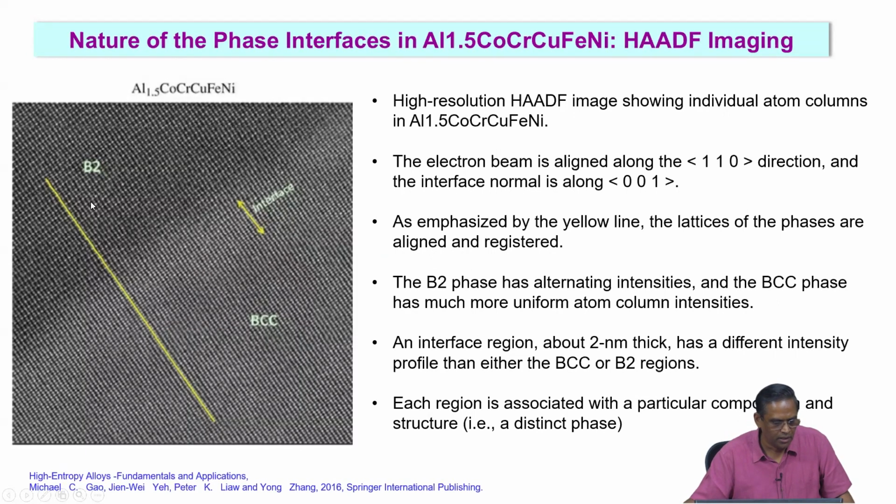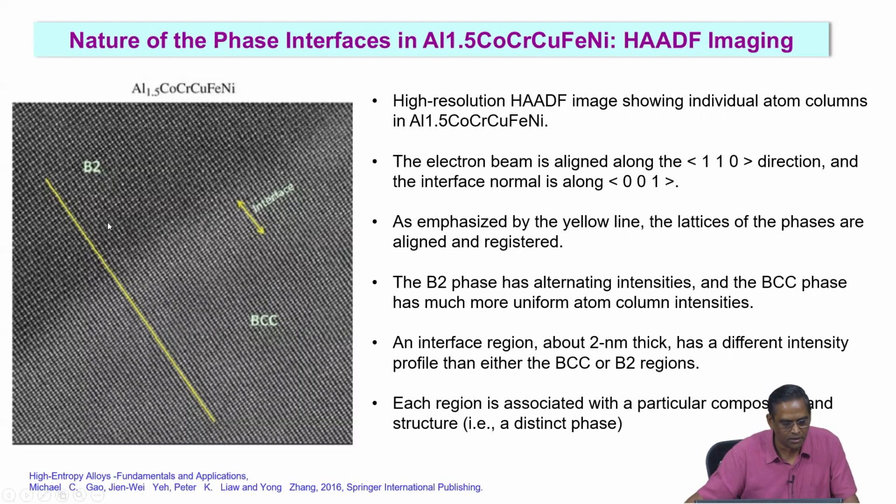So, what you are seeing here is a B2 structure. This is a HAADF image, and then you have the BCC phase here, and then you have the interface. So, your eyes need to get tuned to look at this. It can mislead you, so you have to really focus.